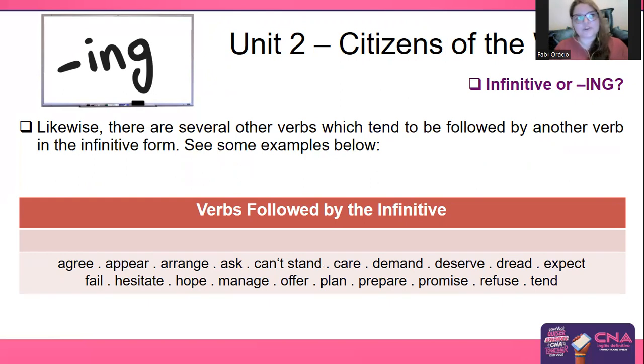Agree, appear, arrange, ask, can't stand, care, demand, deserve, dread, expect, fail, hesitate, hope, manage, offer, plan, prepare, promise, refuse, tend. Which means when you use these verbs, you need to use an infinitive form. For example, I can't stand to go there.